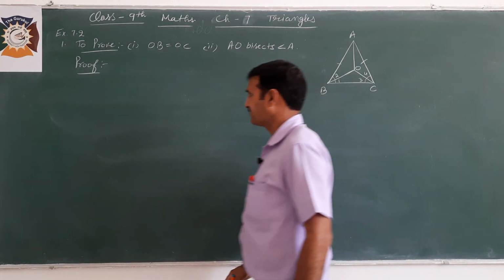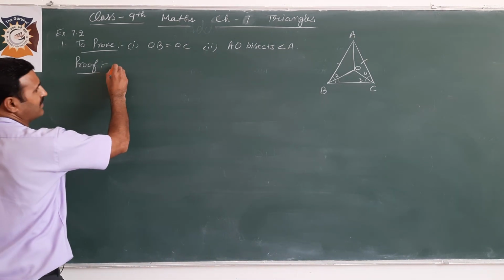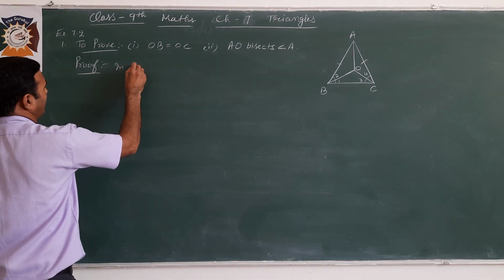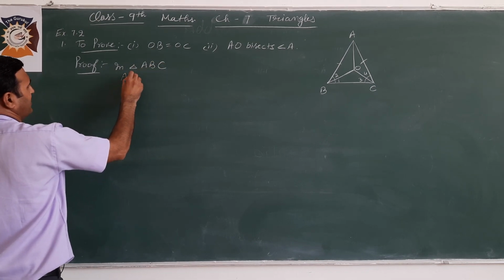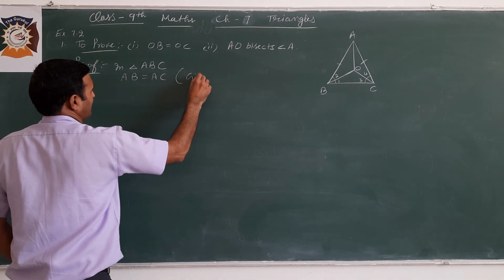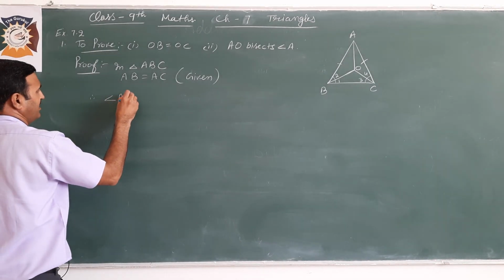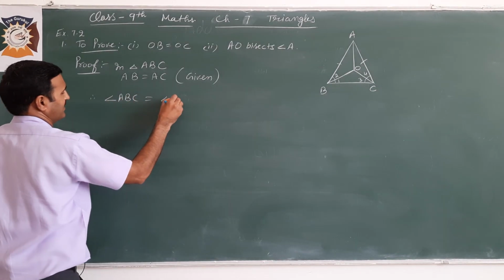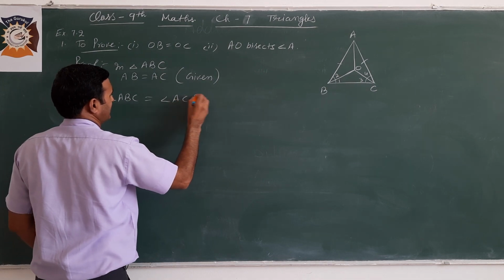So I'll write now. In triangle ABC, AB is equal to AC. This is given. Therefore, angle ABC is equal to angle ACB. And what is the result behind this?